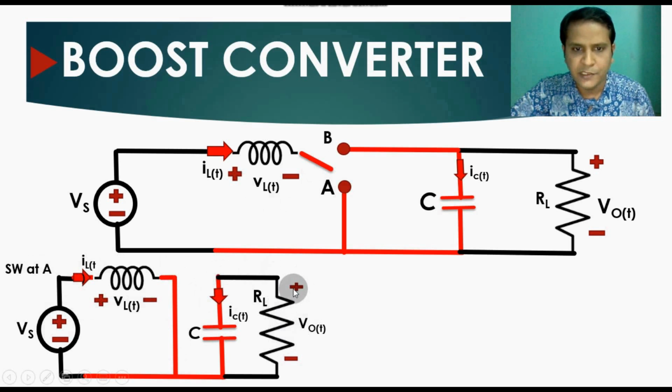The output voltage polarity is plus here, minus here, and the inductor voltage polarity is plus here and minus here. So this is the case when the switch is at position A.